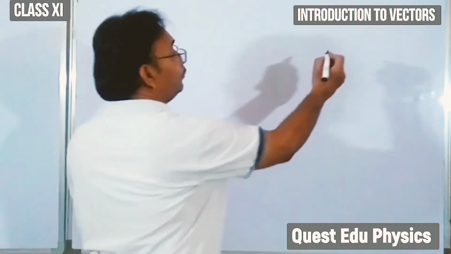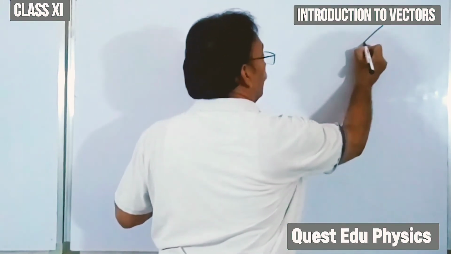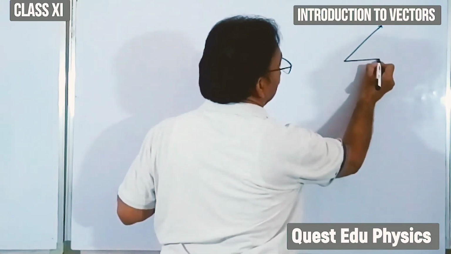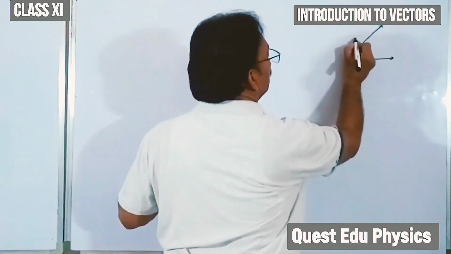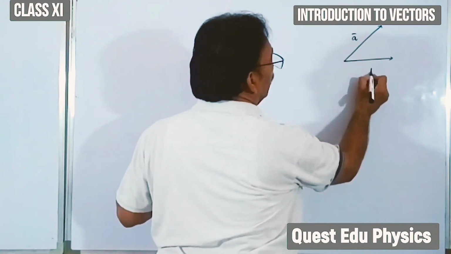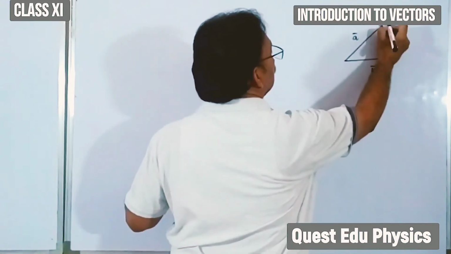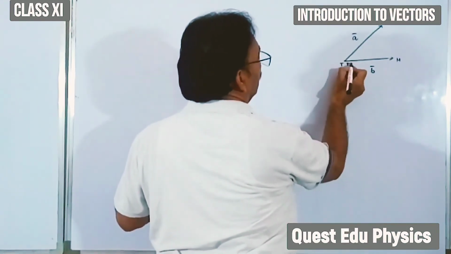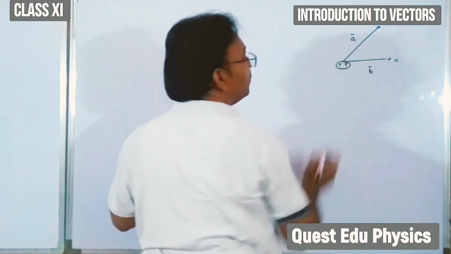See, this is the first vector and this is the second vector. Let's say it is A bar and it is B bar, and these are the heads, and these are the tails. Tail to tail we added.